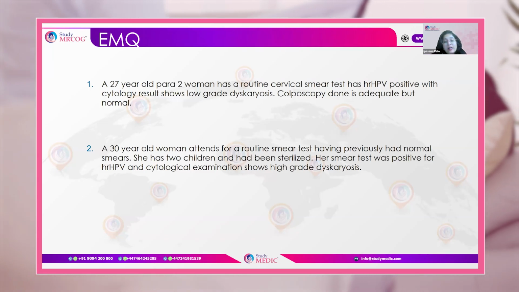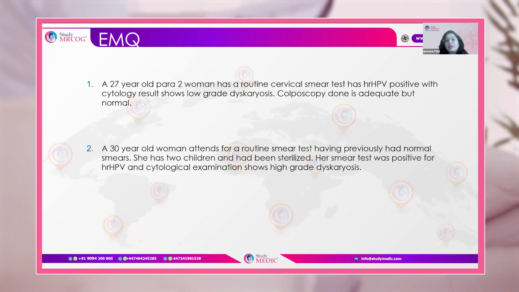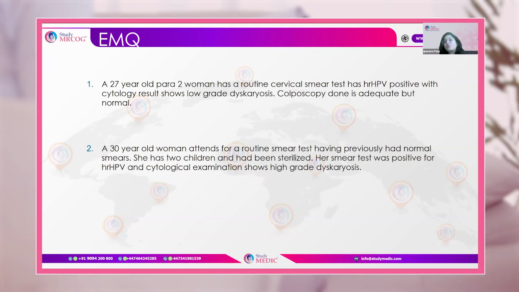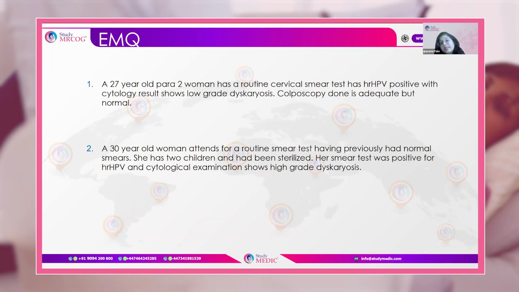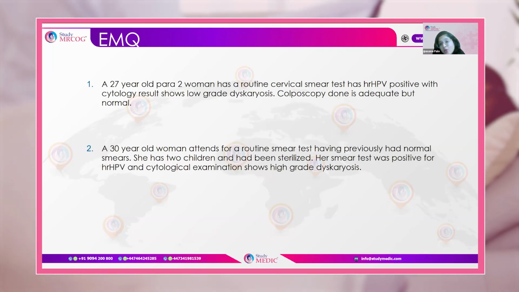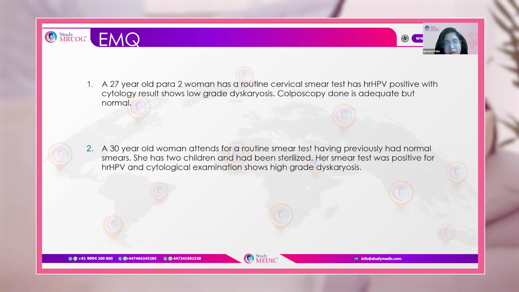So her HPV test was positive. Definitely, you know that if an HPV test is positive, then we need to do a cytology. Now the cytology result shows low grade dyskaryosis. Colposcopy is done. It is adequate but normal. So what will be your next step now?